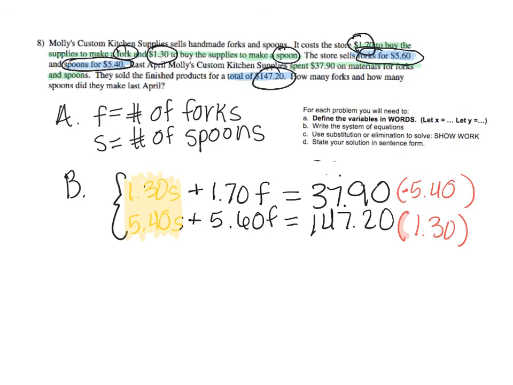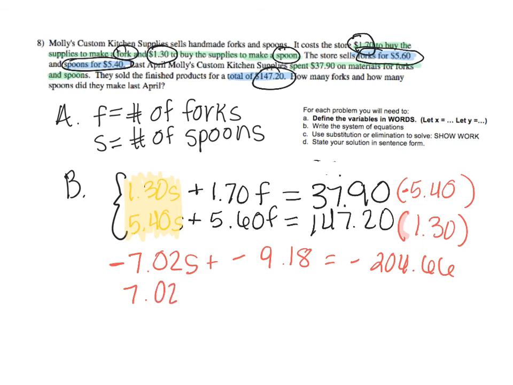So a negative 540 times $1.30 gives me 702S, or a negative 702S, plus a negative 9.18F is equal to 37 times negative 5.4, which gives me a negative 204.66. Then the second line, I will get a positive 702S.